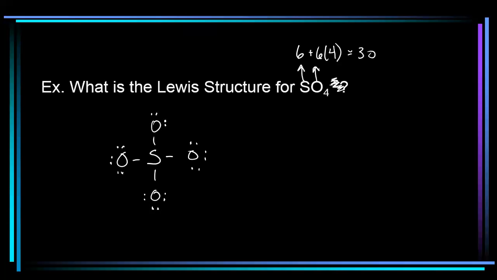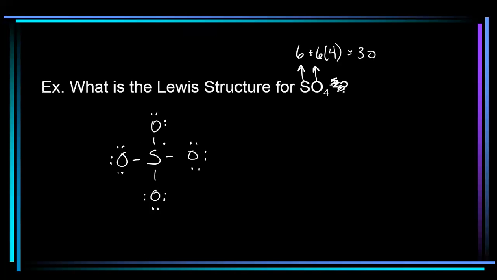Okay, we've placed all the electrons. Now let's make sure that everyone has 8. This oxygen, 2, 4, 6, 8. This oxygen, 2, 4, 6, 8. This oxygen, 2, 4, 6, 8. This oxygen, 2, 4, 6. This sulfur, 2, 4, 6, 8.